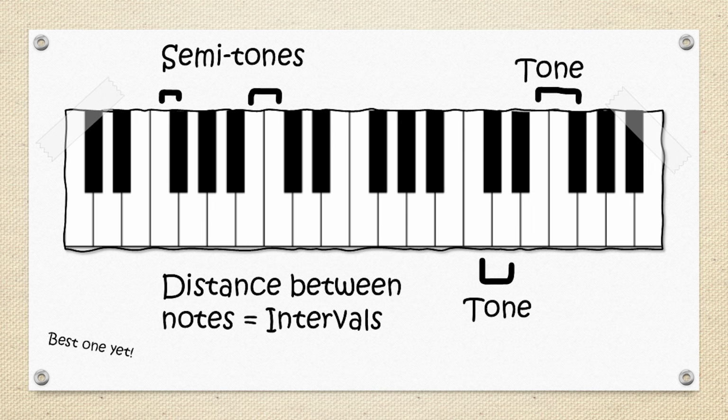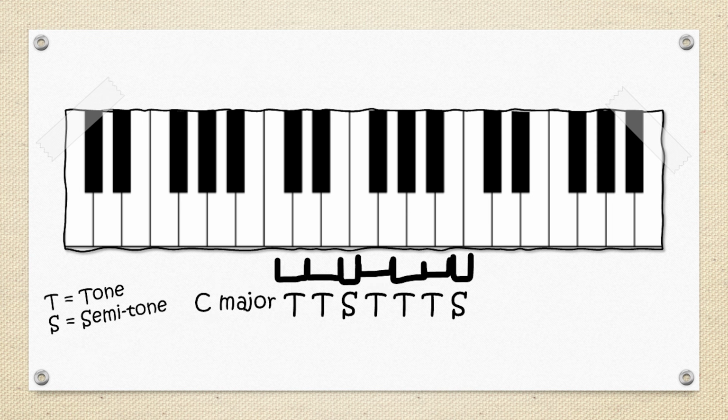In fact, the pattern has 2 types of distances, which in music are called intervals. We've already mentioned the semitone, and now we can see that some of the intervals are twice this size because the notes have a sharp or flat between them. These are called tones. The pattern for a major scale is tone, tone, semitone, tone, tone, tone, semitone.